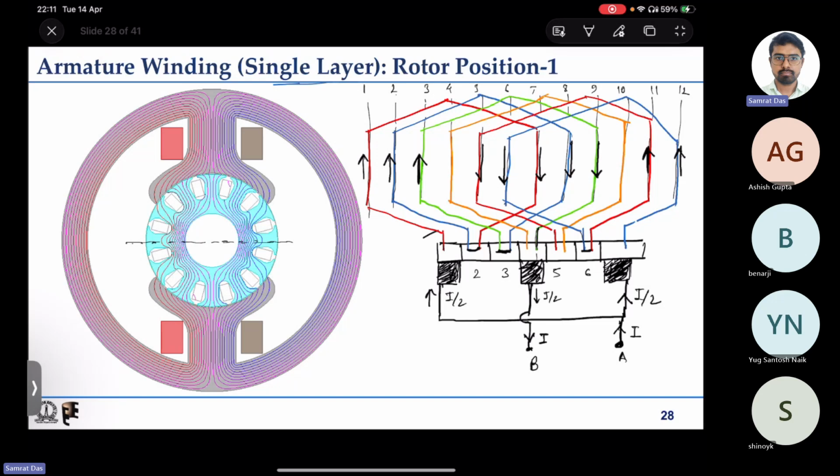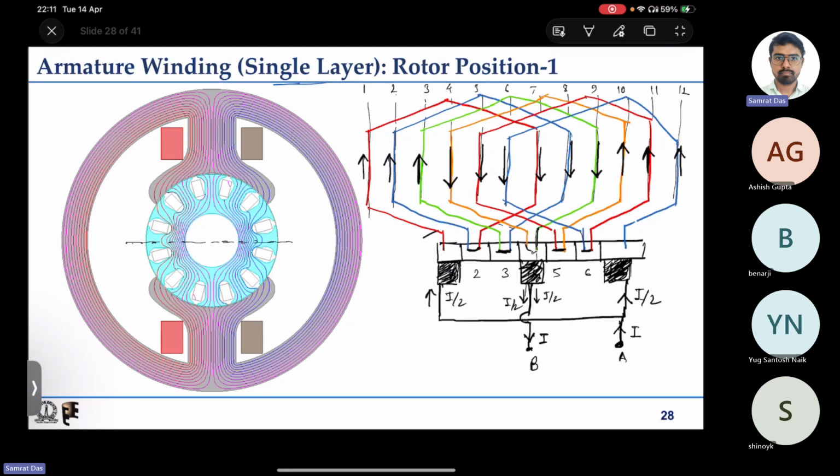It will come back in the downward direction. It will again get shorted at commutator number 5. It will go in the upward direction like this, and it will come back in the downward direction like this. Here it will complete its path, and the other I by 2 is also coming back, and this makes the total I. So this is how the currents would look if the brush positions are like this.